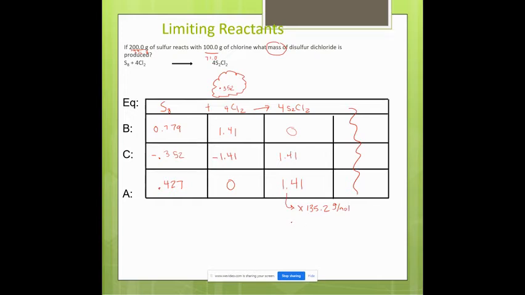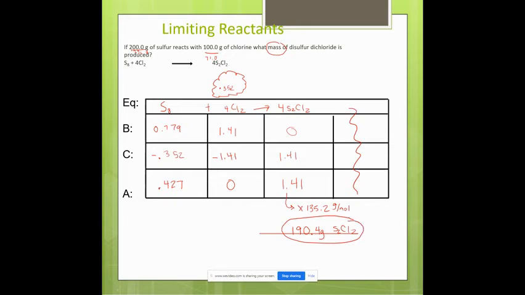And so that means that we have formed 190.4 grams of S2Cl2, to 4 sig figs. And that ends up being our answer.